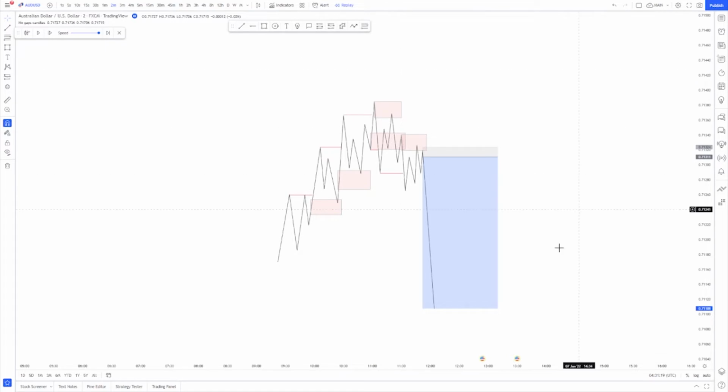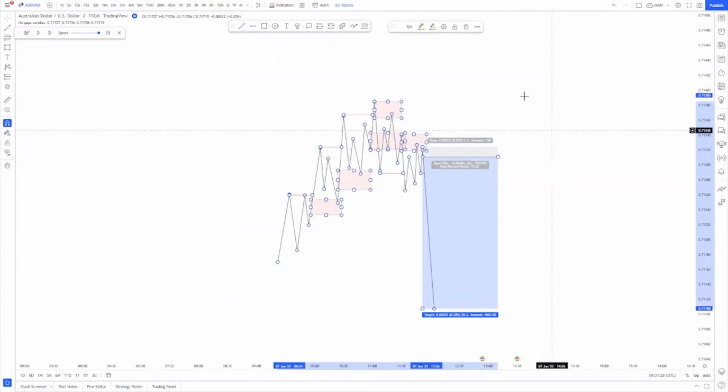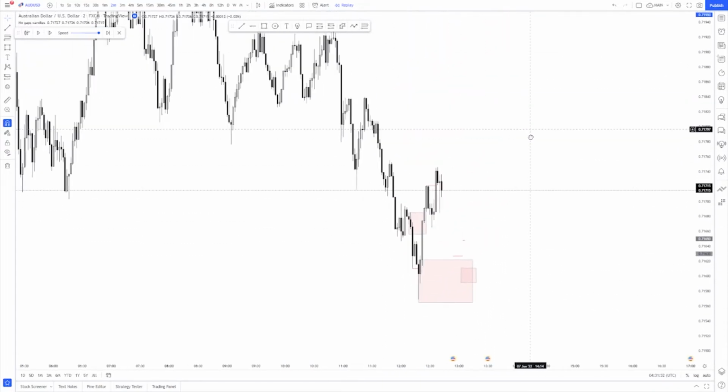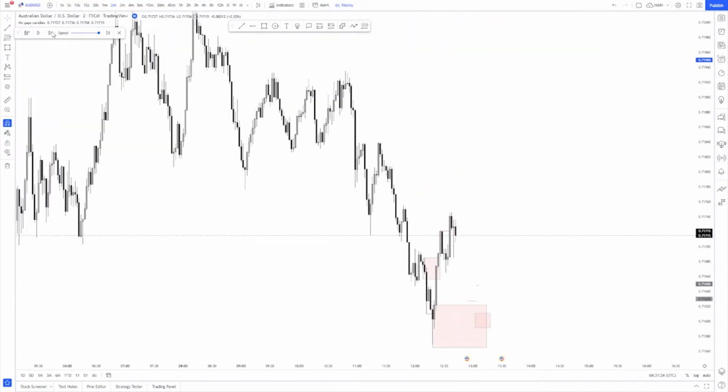So yeah, this is pretty much what we're looking for, and the same goes for the buy models. This is for the sell model, so the same goes for the buy model. Let's quickly look at AUDUSD, where something of that nature occurred. And yes, this is something you should all take to heart.